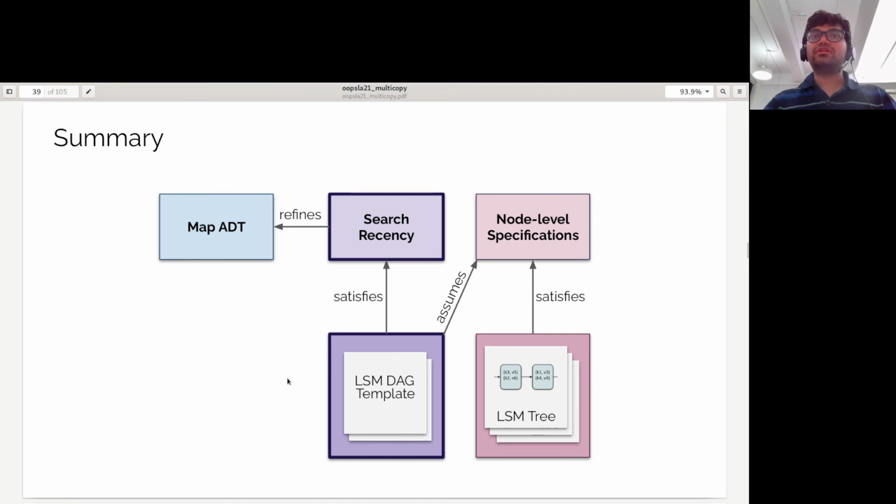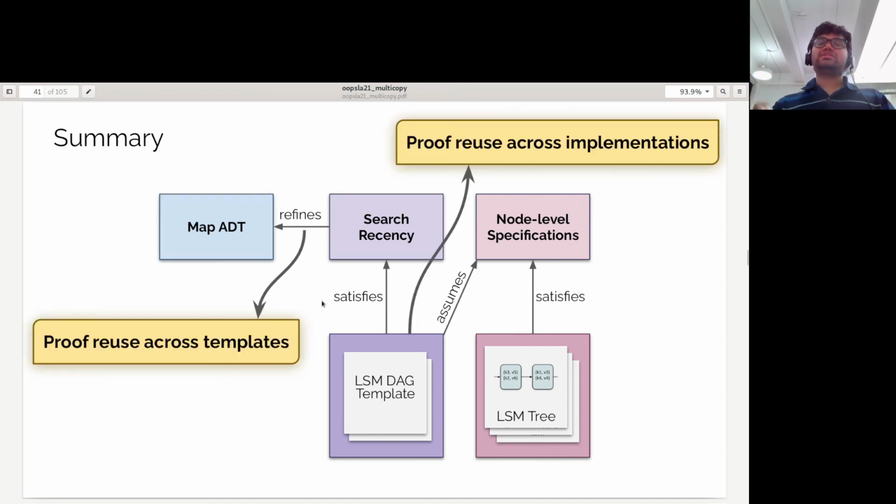So we introduce template algorithms to simplify and increase the proof reuse further. Finally, we show that search recency implies the map ADT specification, and again this part is independent of the templates. So this part holds for all templates. So essentially we get proof reuse at two points. By introducing templates, we achieve proof reuse across implementations, and by factoring out search recency, we achieve proof reuse across the templates.